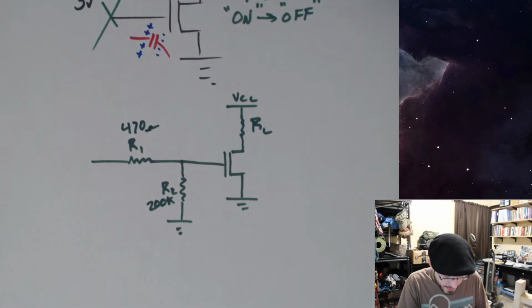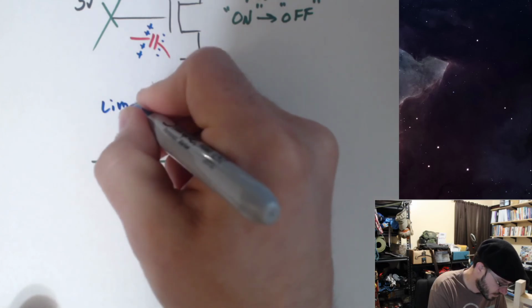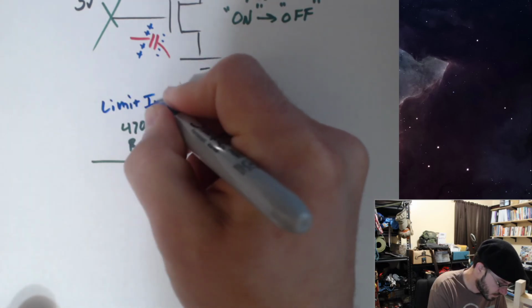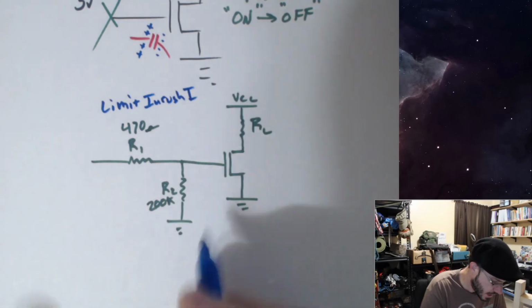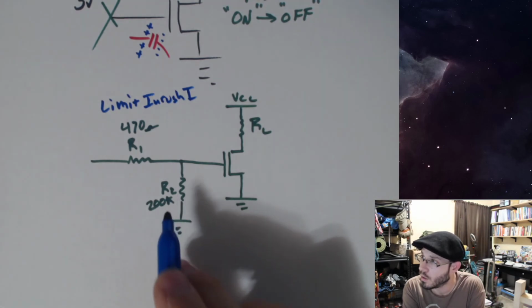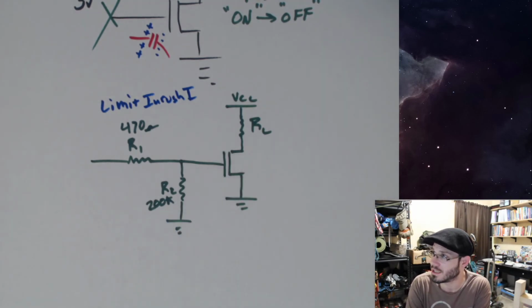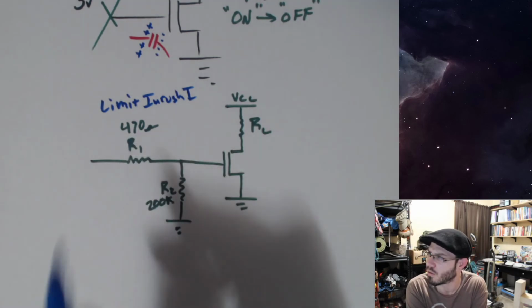So we have this guy here. Limit the inrush current, and then another one over here in order to discharge the gate capacitance in case anything else happens over here.